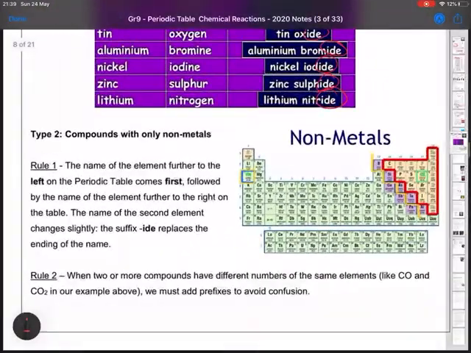So for type 2 compounds, that's when you've only got nonmetals. And I told you that those would then form covalent compounds. Rule 1. The name of the element further to the left comes first, and that's followed by the name of the element to the right. The name of the second element changes slightly. Again, we add the suffix "ide" to replace the ending of the name. Rule 2.